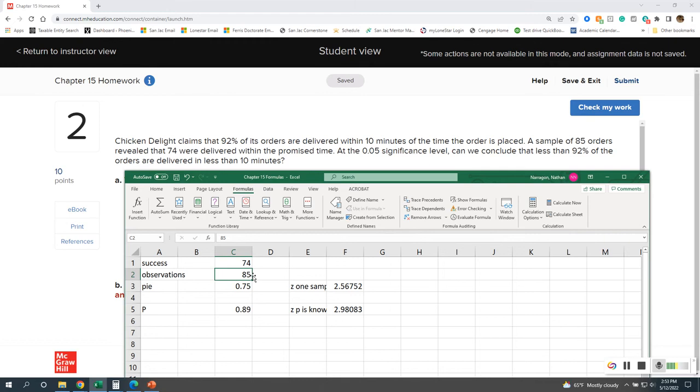So 74, 85, and pi now is 0.92. So we're looking at a negative, turn this to 0 so we're not paying attention to that high number, a negative 1.68.